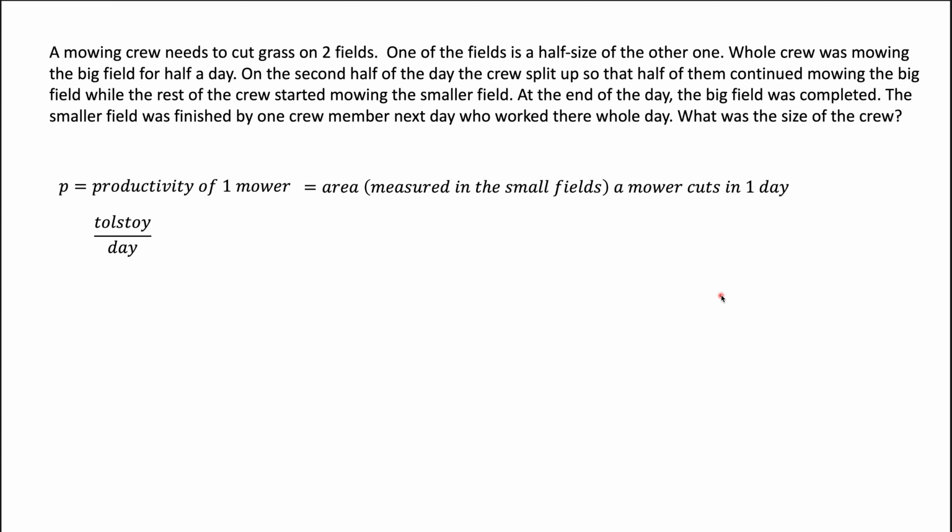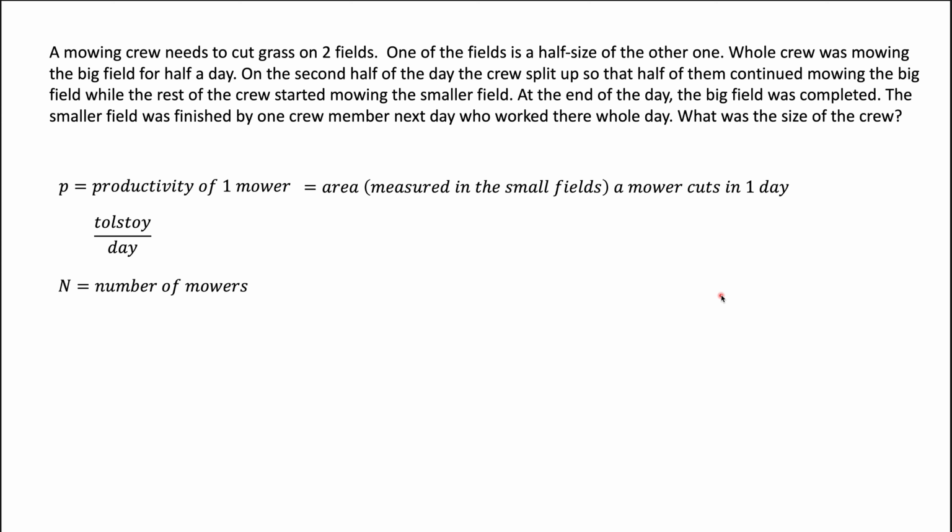The next thing we need to do is to introduce the variable that we actually need to find, the size of the crew. So now, let's look at one mower who works the whole day cutting the grass. How much grass is he going to cut?